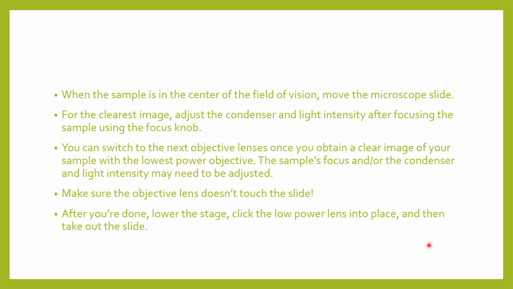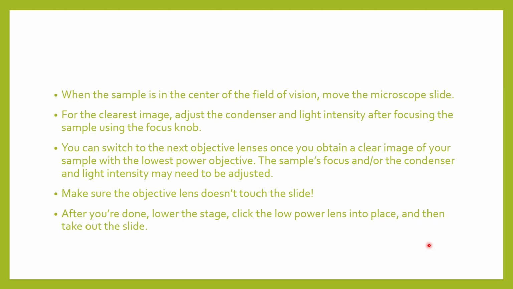Okay, so once all the adjustments are made and you have focused the image and got the clarity, you can change the objective now. You can take it to 40x, or if you want more, you can take it to 100x.